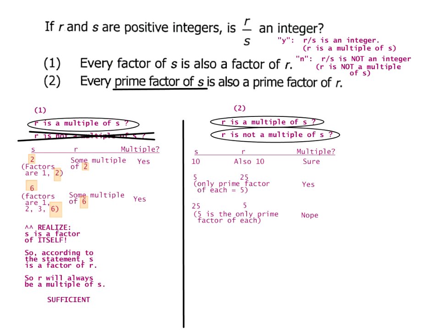So this is going to be not sufficient. You could also do something like 6 and 12, where this time you have the prime factor 2 that repeats, that plays kind of the same role as a 5 does in this example that we've got here. So absolutely, yeah.